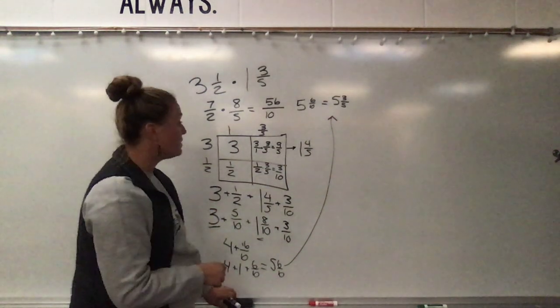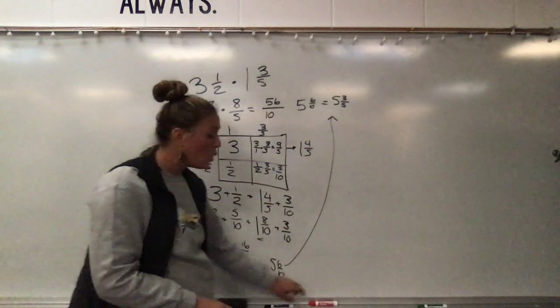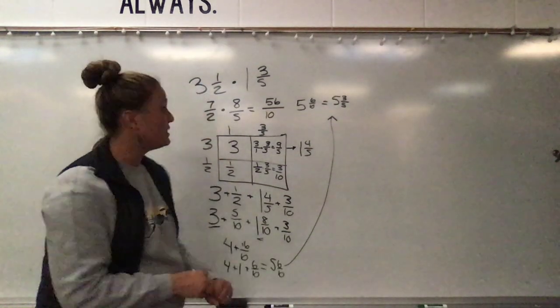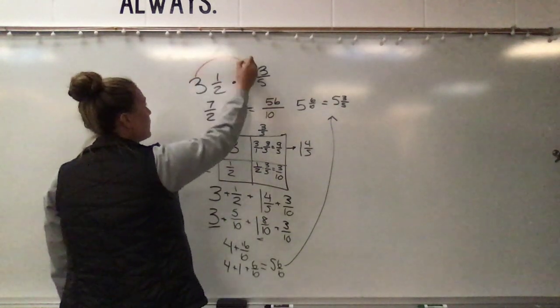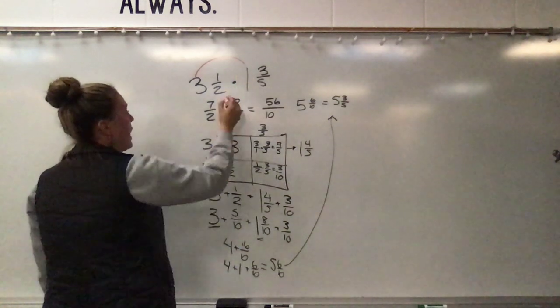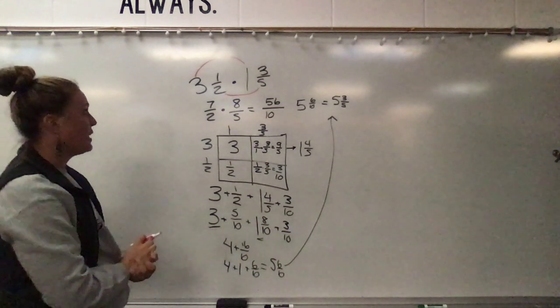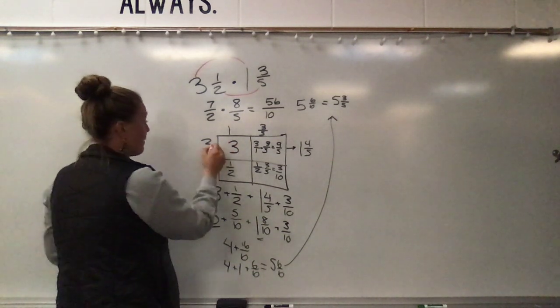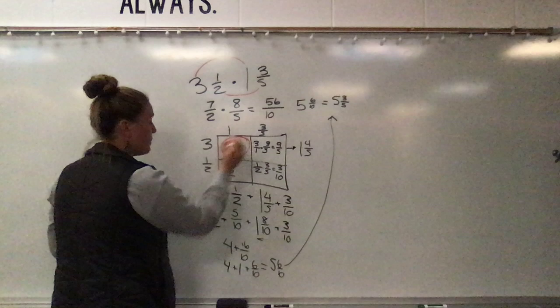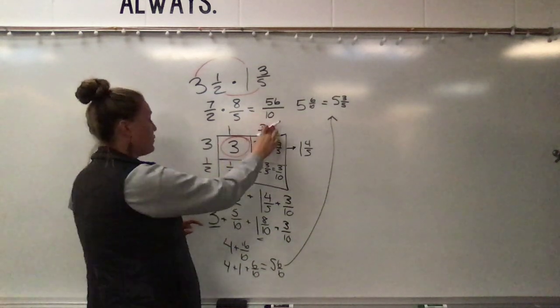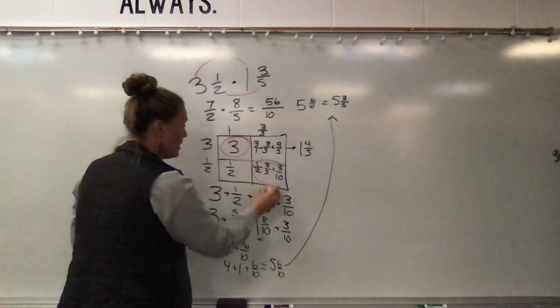So the number one mistake that people make when they're multiplying mixed numbers is they just say, oh, 3 times 1 is 3, and 1/2 times 3/5 is 3/10. So if you did that, you'd have 3 times 1, you'd have this box, and you'd have 3/5 times 1/2, which would be this box.